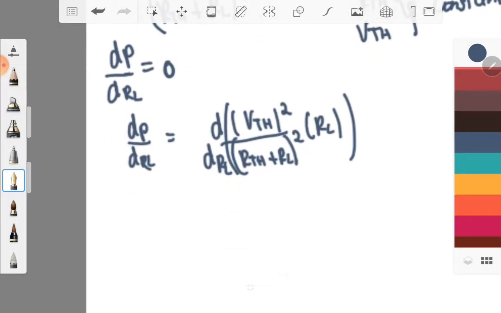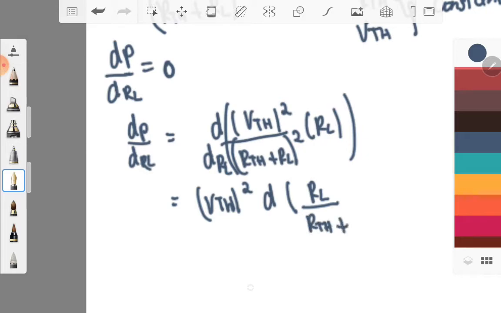Since our VTH is constant, we can take it out. So VTH squared times the derivative of RL divided by RTH plus RL squared with respect to our RL.